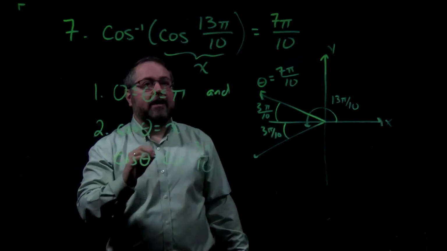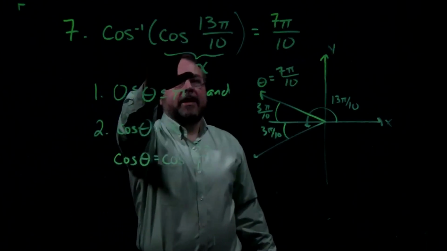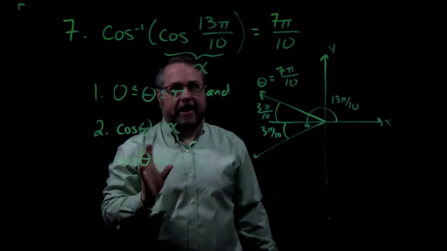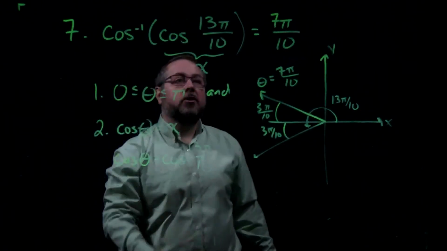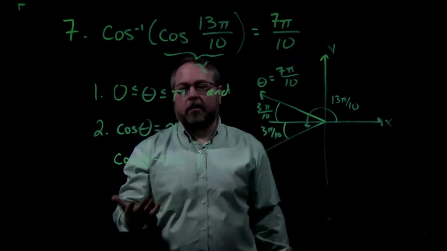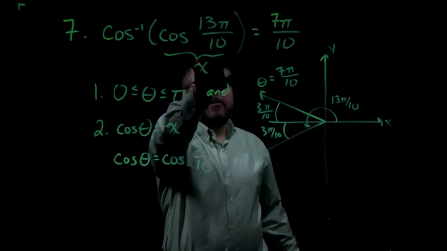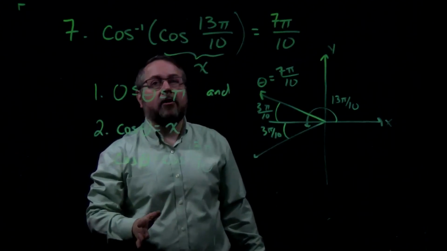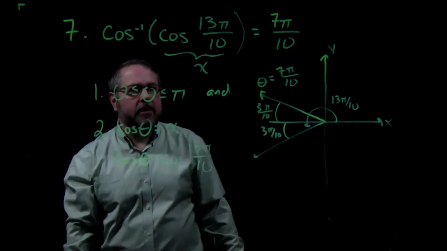If you remember that, then it will be more clear to see when you're doing cancellations and when you have to actually think about what's inside and how to replace it with an angle with the same, in this case, cosine value, where you can almost think about a cancellation. So we think about replacing the 13 pi over 10 with a 7 pi over 10 because they have the same cosine value, and then you can almost think about doing your cancellation.